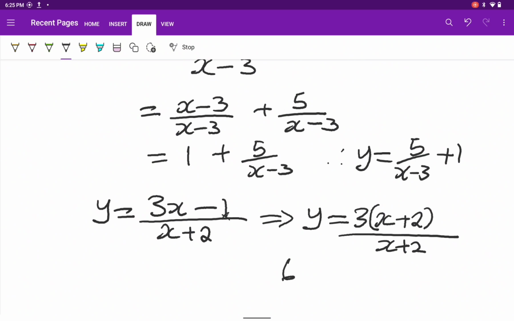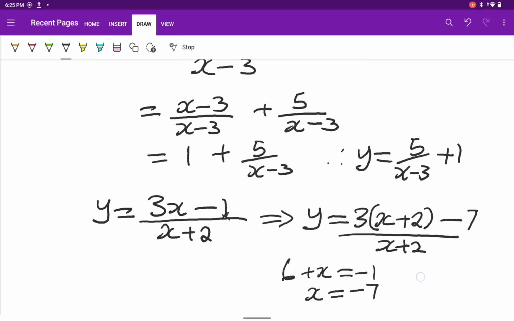So we will have a 6. Now 6 plus something must give us minus 1. So if we take the 6 to that side, that something would be minus 1 minus 6, which is negative 7. So in other words, we need to subtract a 7 there.